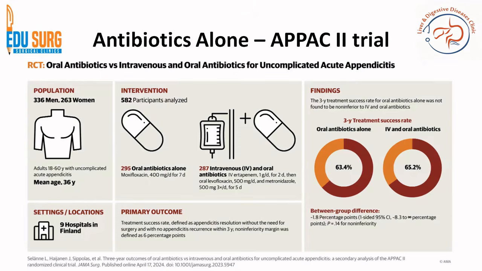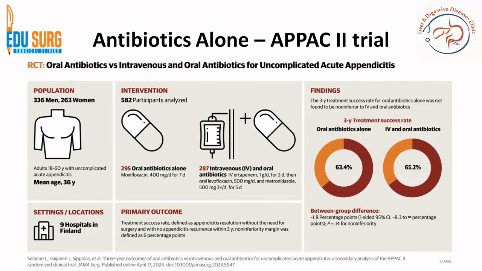Another trial was APEC-2 trial, which studied role of oral versus intravenous antibiotics. So one group where there was only oral antibiotic, other group where there was IV followed by oral antibiotics. The outcomes were more or less similar. However, remember that even in this, the 3-year success rate was only 65%.